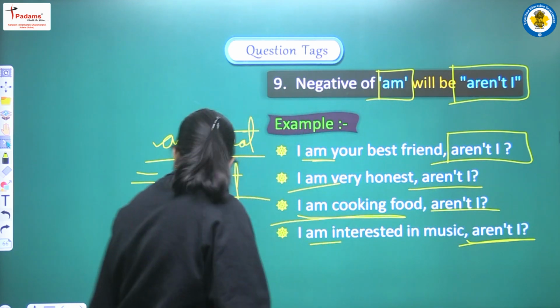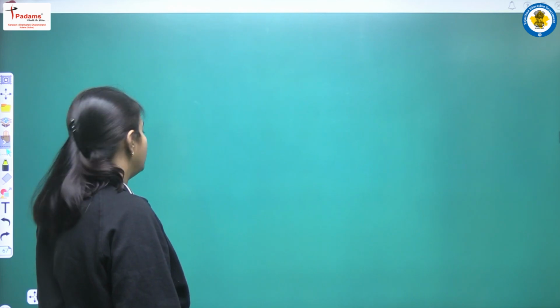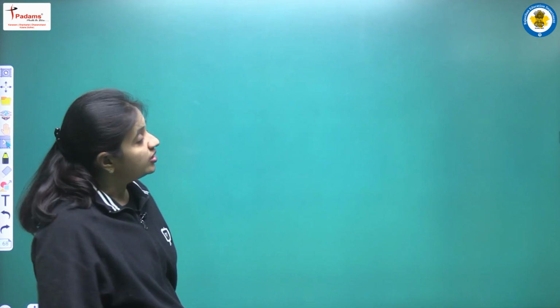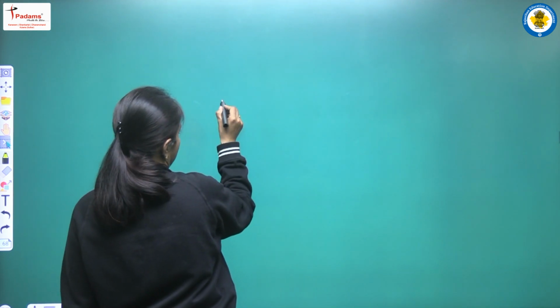One more thing that is very important here, that I want to make very clear, so don't get confused. We are talking about the negative question tag, that will be aren't I. Let's take one example to clear this.